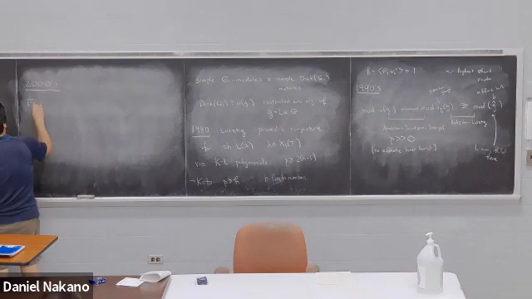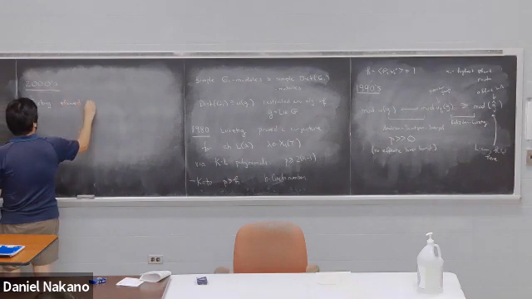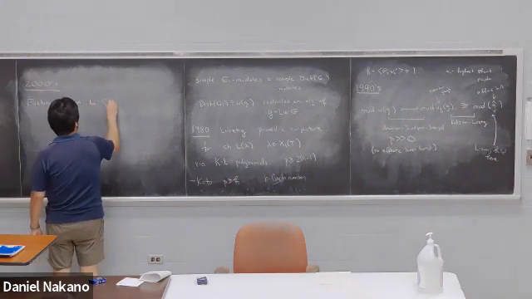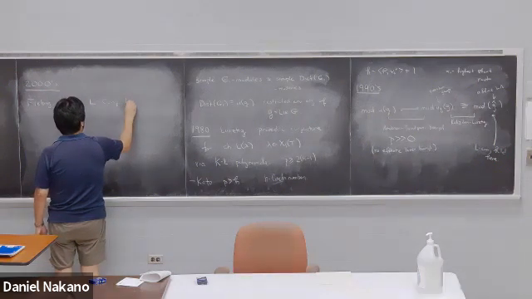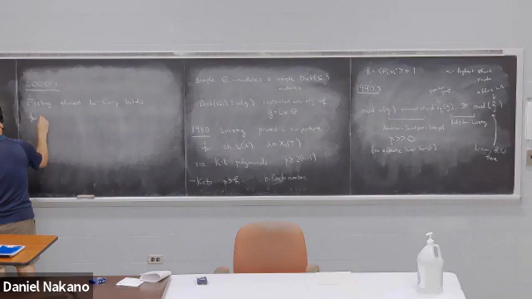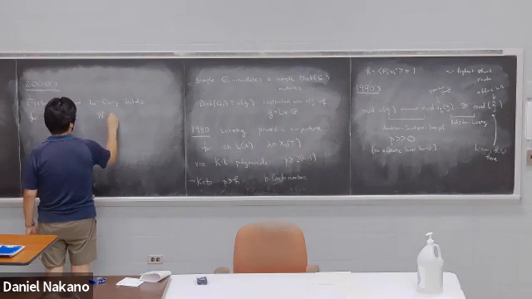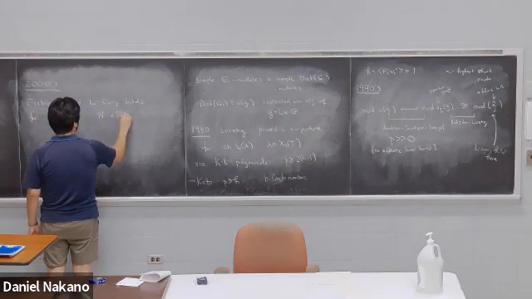So Fiebig showed the Lusztig conjecture holds for p bigger than, let's say, N, and N is some effective lower bound.